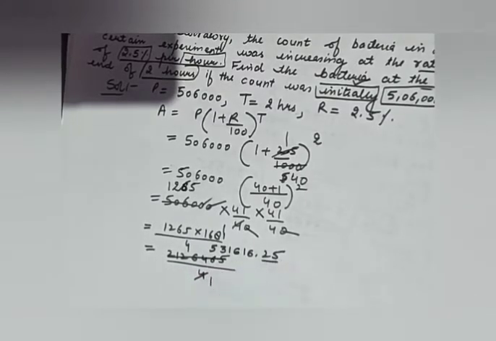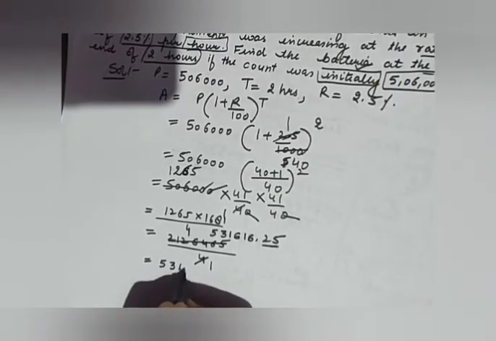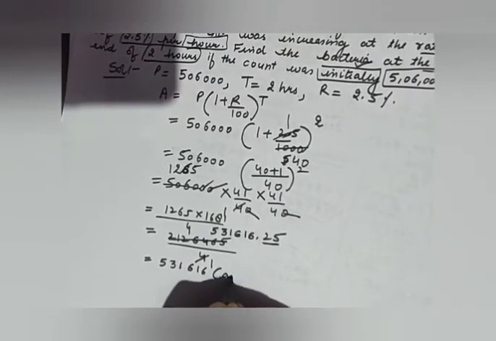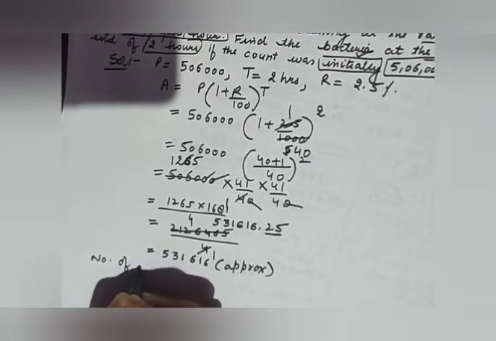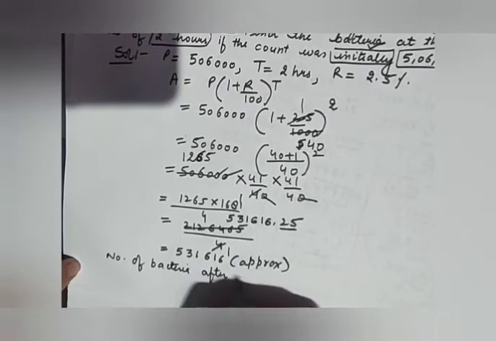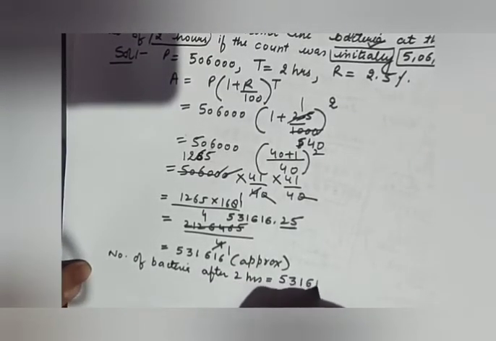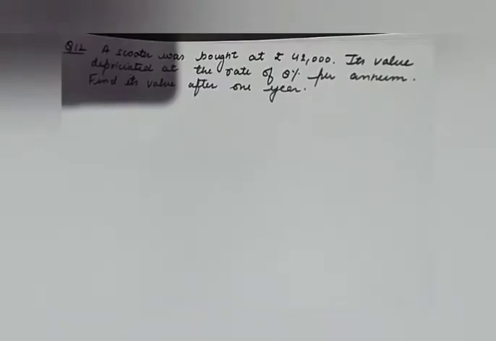So you know that 0.25 is here, so we will round because we have to give population. So it is 531616 approx. Okay, so what we have found? We have found the population of bacteria after 2 hours if the initial population is 506,000. So number of bacteria after 2 hours is equal to 531616 here. Okay students, now let's have a look at question number 12.